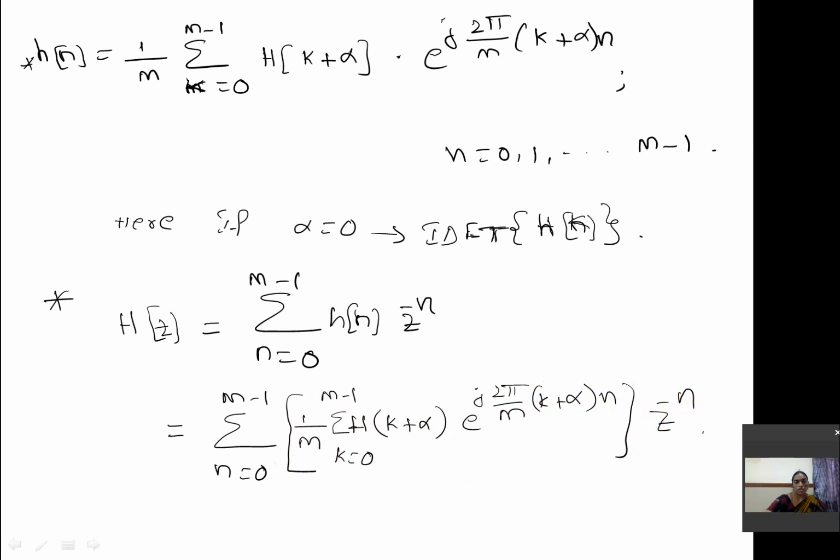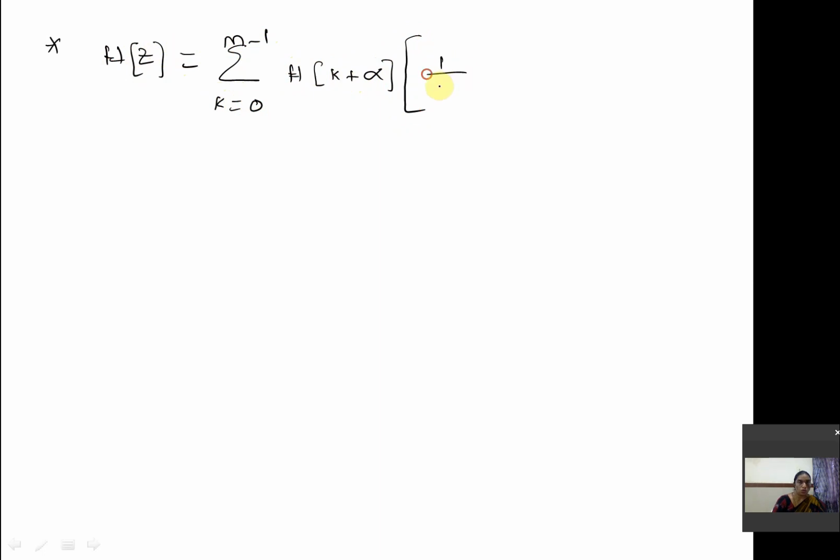So now just interchange the summations here. Then here we simplify the equation like this. H of z is equal to, interchange. So take the k summation, and then write the k related term. What is that? K related term, H of k plus alpha into 1 by M summation n = 0 to M minus 1.